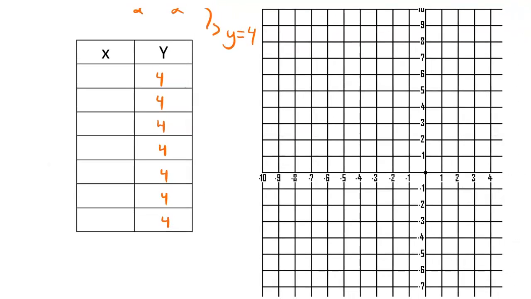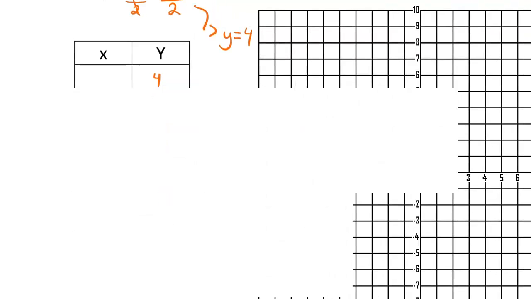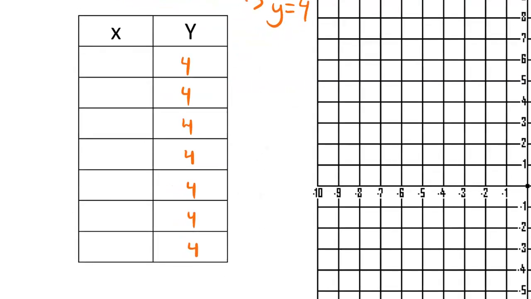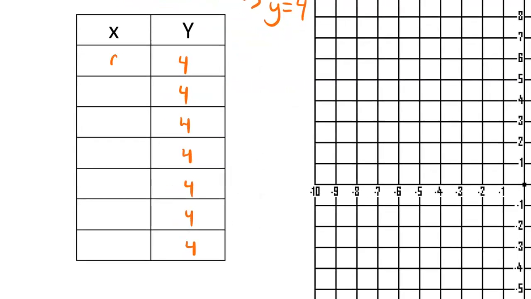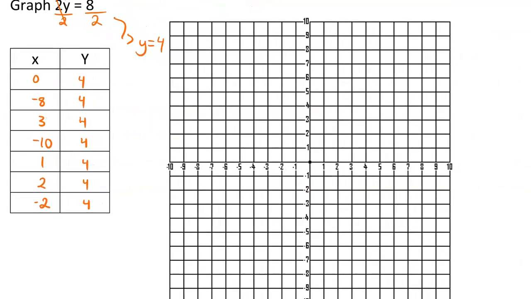Now, just like on the last one, I've picked random points just so that we can work on plotting the information. So I've picked points of 0, -8, 3, -10, 1, 2, and -2. So we have y equals 4, so y is always going to be 4.